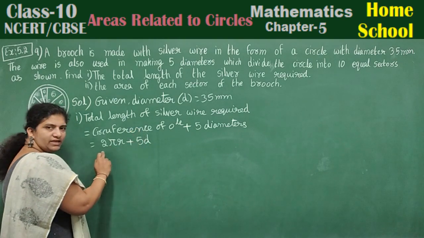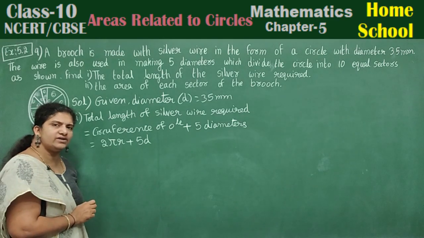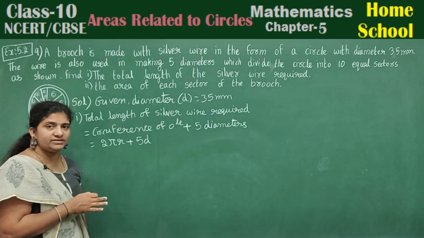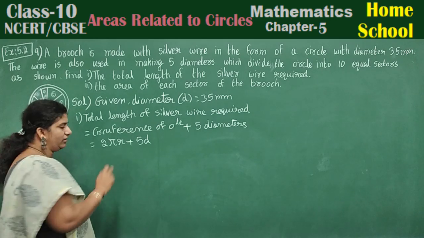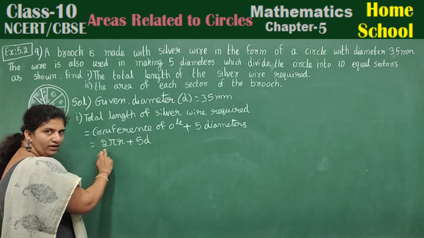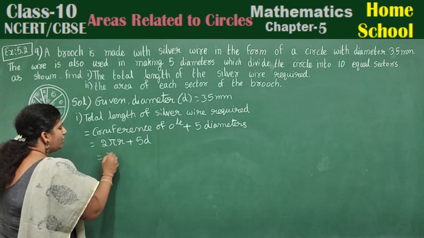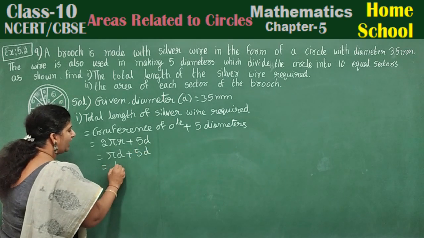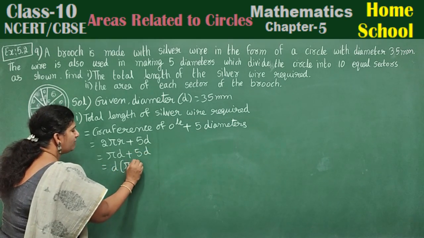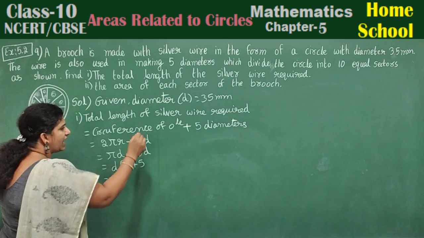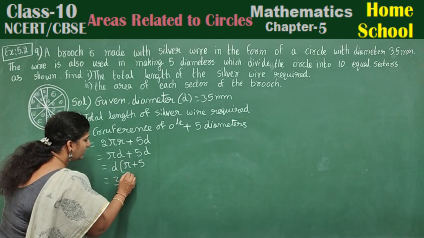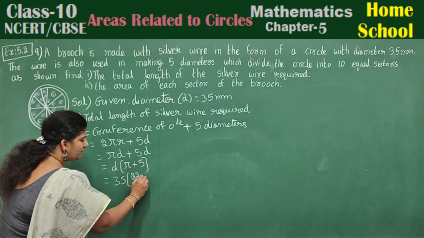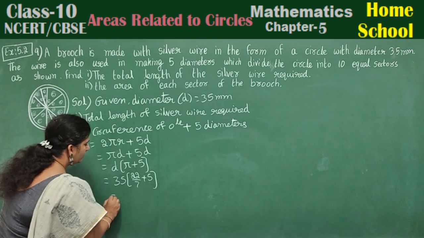Diameter is twice the radius, or radius is half of the diameter. Instead of 2r, you write it as d. Pi d plus 5d. Take d common: d times pi plus 5. The diameter is 35 millimeter, and the pi value is given as 22/7, plus 5.